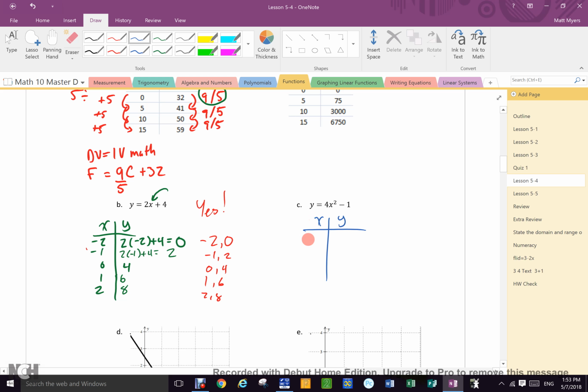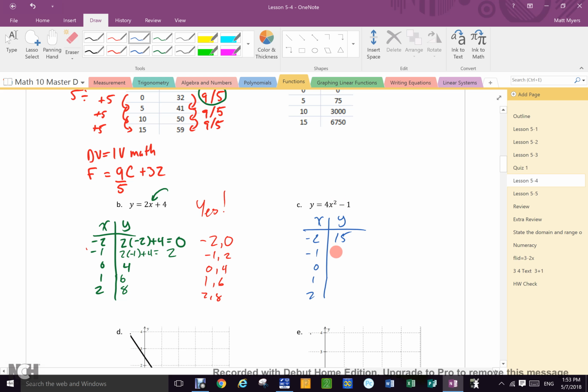What about this one? X, Y. -2, -1, 0, 1, 2. What's -2 squared? Times 4? 16. Minus 1? 15. What's -1 squared? 1. Times 4? 4.